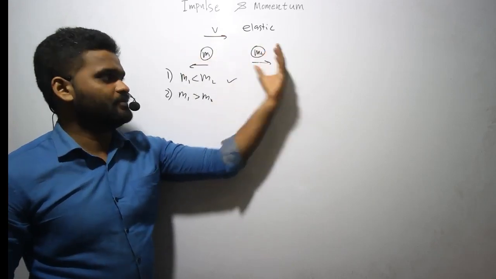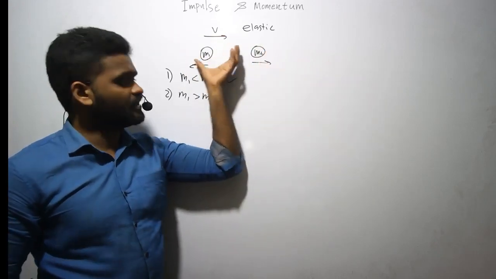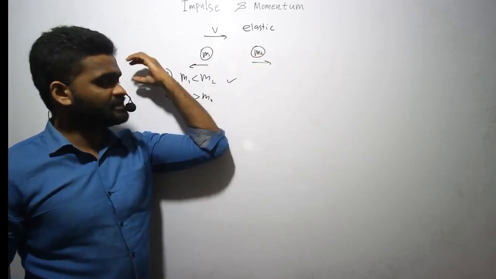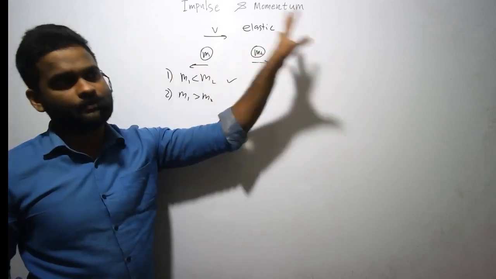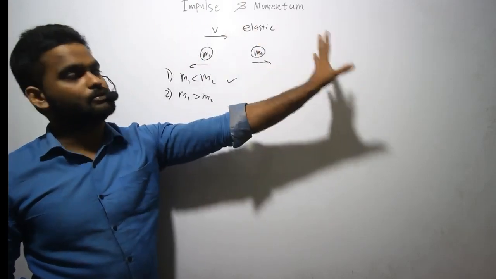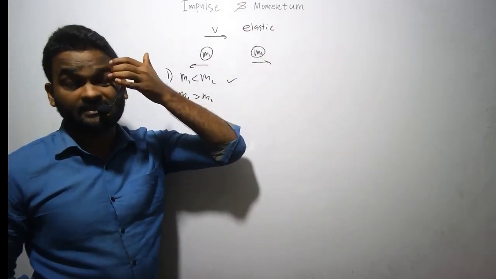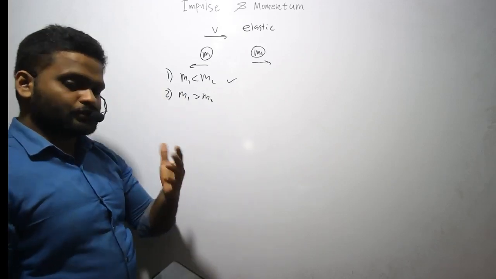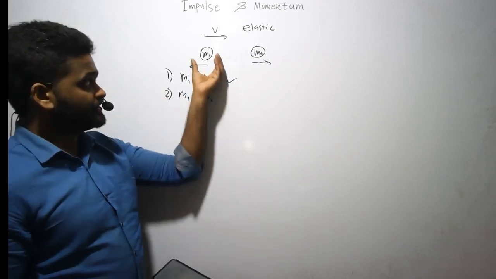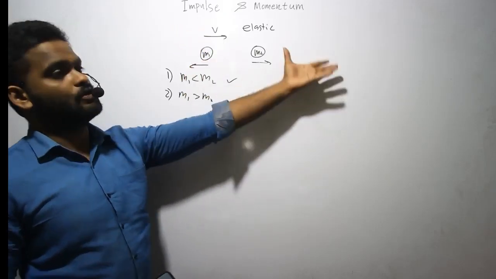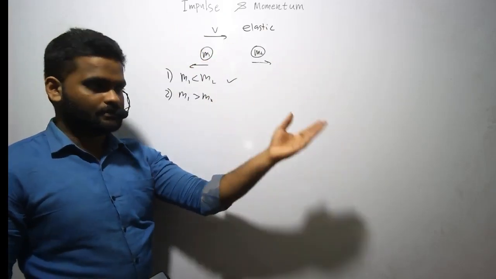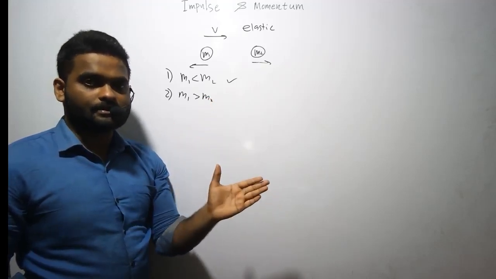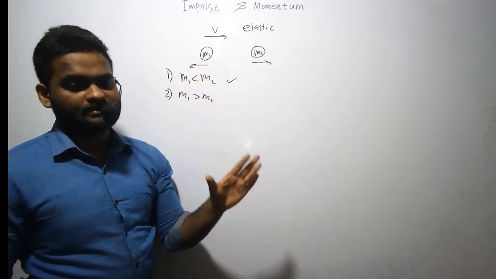Obviously m2 goes to this side, and m1 also goes to this side. m2 is not enough to bounce m1 off. So after collision, both would move in the plus x direction. Usually that's what happens: if m1 is large, then they both move in the same direction after collision. Practically you can think about that. But this is only for elastic collisions, where you just have to think about the extreme case.